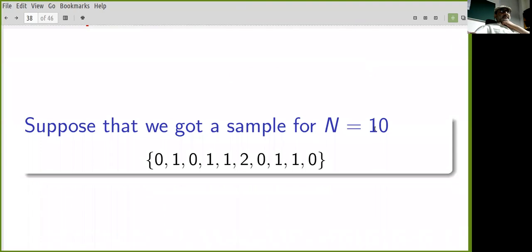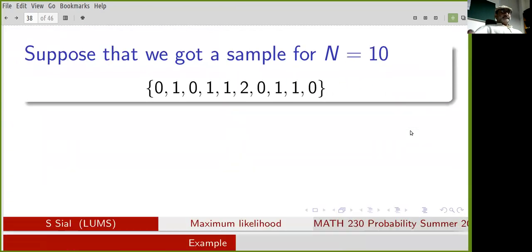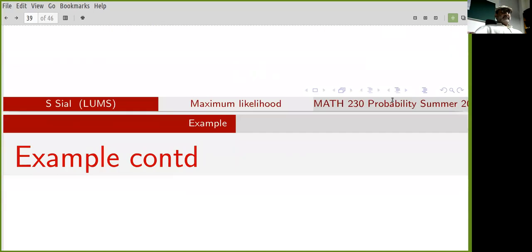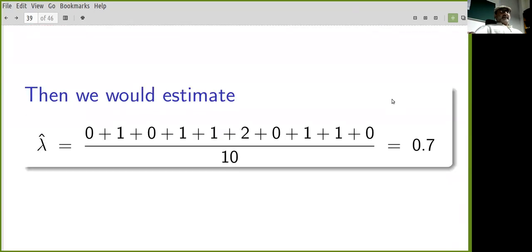As an example, supposing that for n equals 10, this is the record of the results we got: x1 was equal to 0, x2 was equal to 1, x3 was equal to 0, and so on. Then my lambda hat would be given by 0.7.